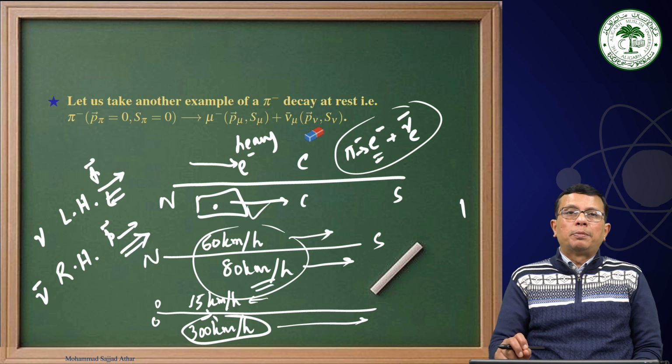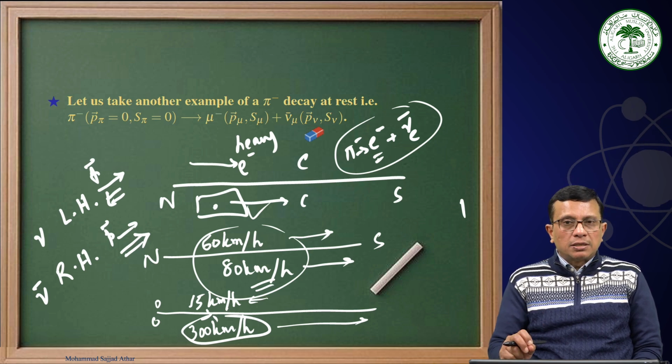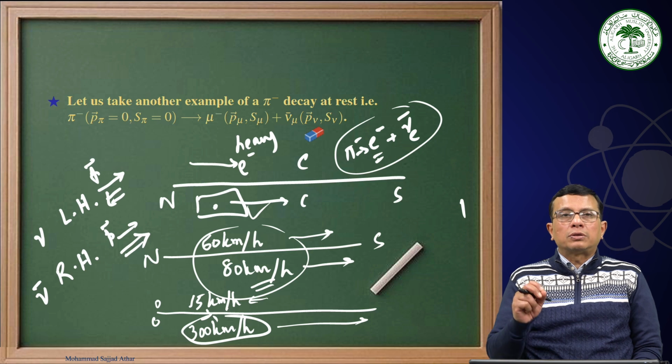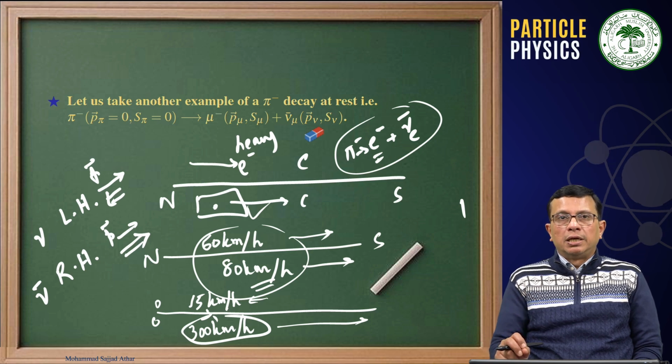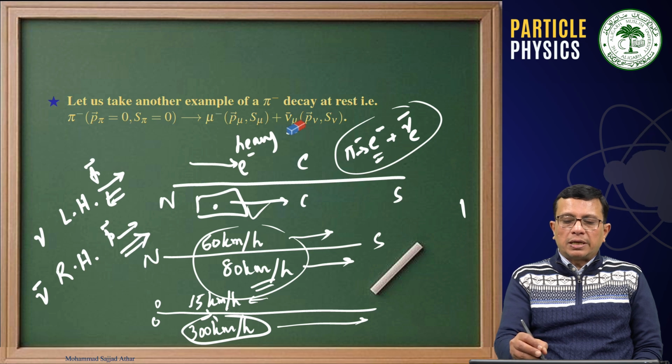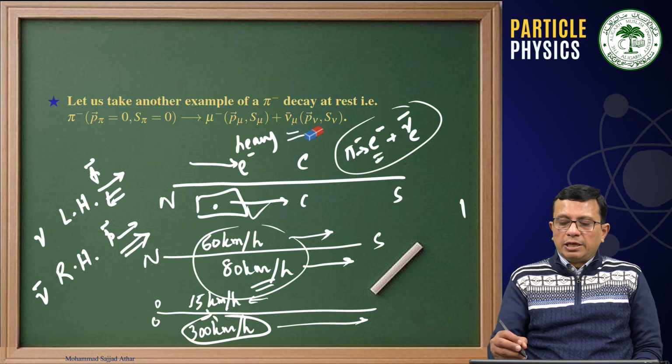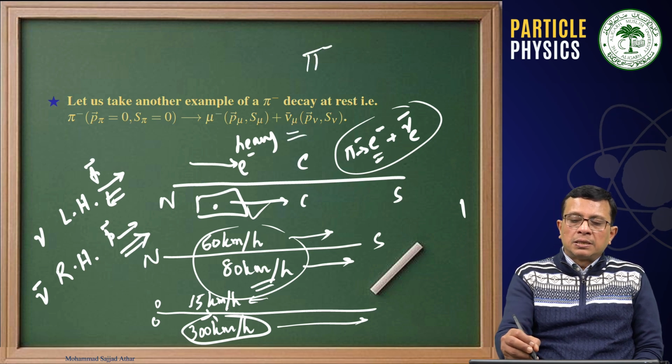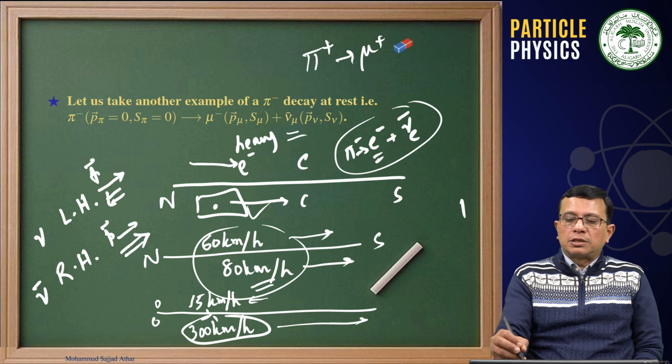Who is responsible for that? What physics is responsible for that? The answer is that it is because of the helicity of the neutrinos. Here I have taken pi minus. Similarly, you can take pi plus, where you will have mu plus plus nu mu.